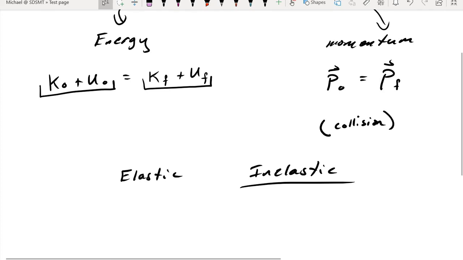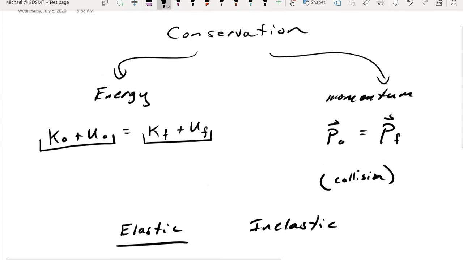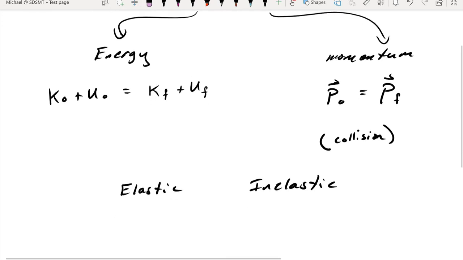So almost all collisions that we're going to consider are going to have to be inelastic in nature. But we can use the elastic case as an estimate. And we'll talk about what that means later on in the video. For right now, we just want to get this first example problem set up.